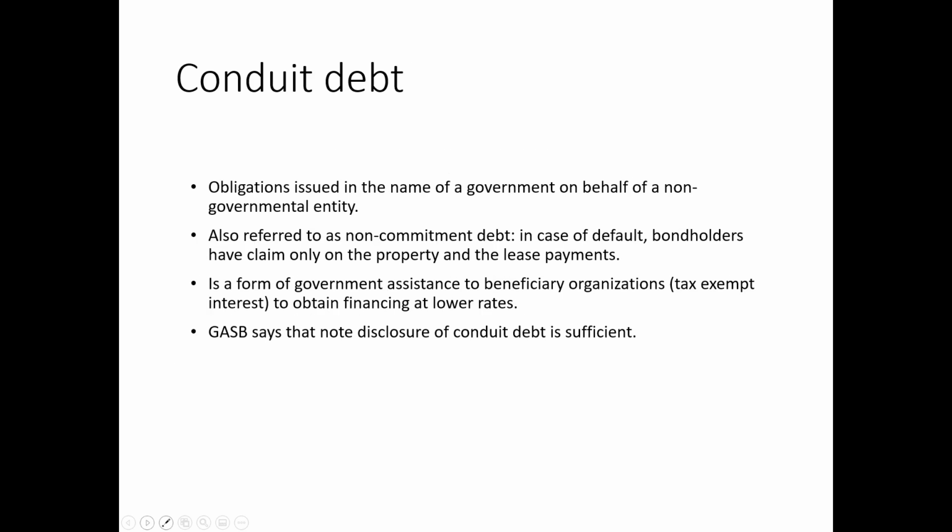Conduit debt. These are obligations issued in the name of a government on behalf of non-government entities. Usually the government tries to help a non-government entity to get a loan, or to get money, basically a borrowing.